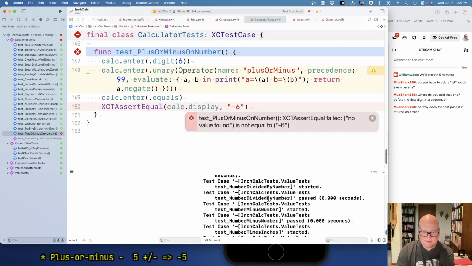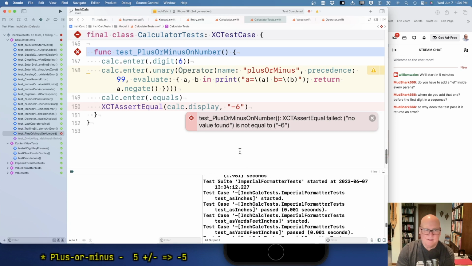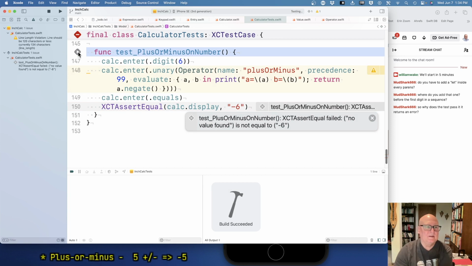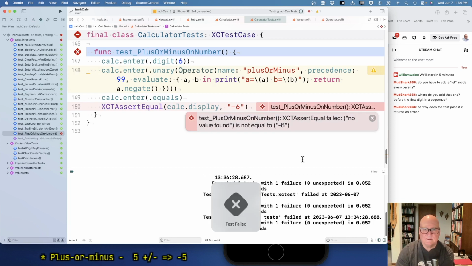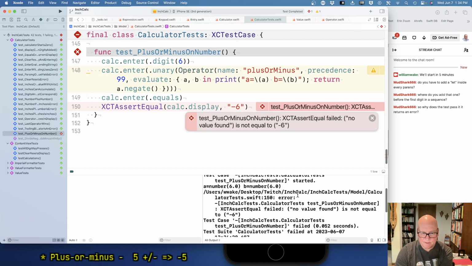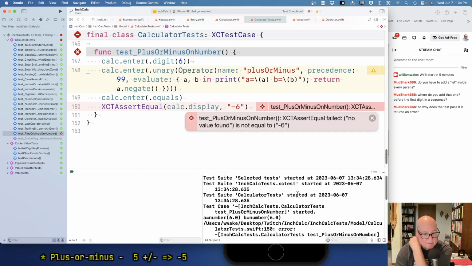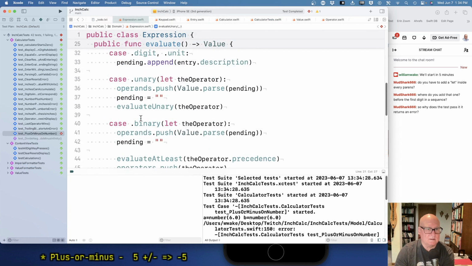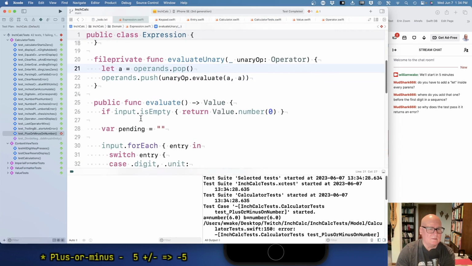No value found. All right, let's just run this one. Okay, what did you print though? Number six. Okay, let's walk through.